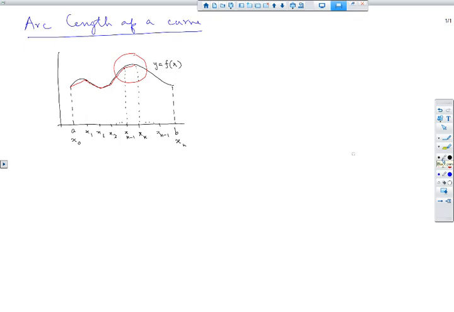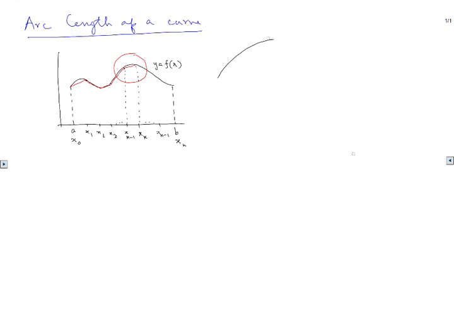So let's see what's going to happen here. If I exaggerate this, this is your curve, and those are the two points we were talking about. This is x k minus 1 and this is xk, and then we look at the secant line. We consider this triangle.